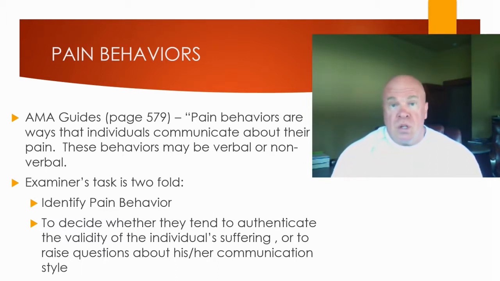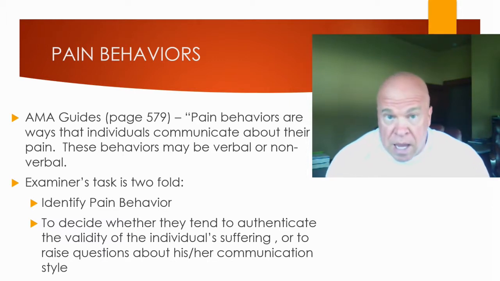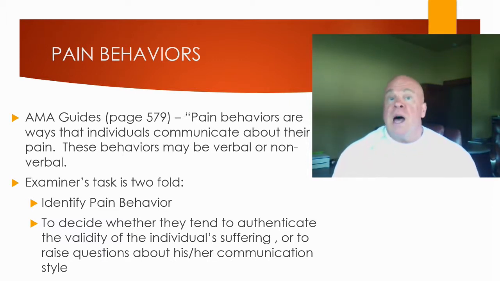In other words, whether you find that pain behavior to be consistent with the examinee's known injury and known condition, or on the other hand, whether the observation of the examinee's pain behavior tends to raise questions or concerns about the examinee's sincerity and/or their communication style.